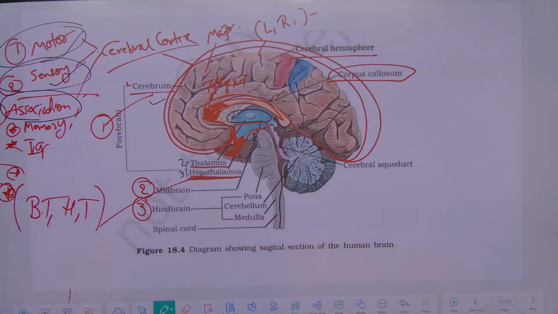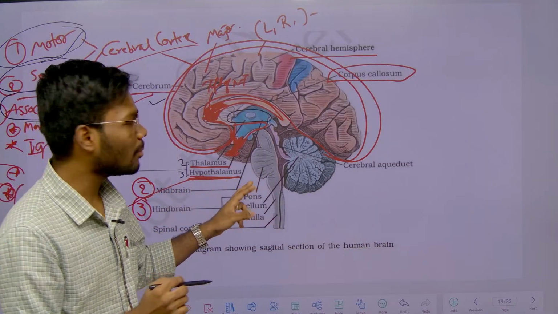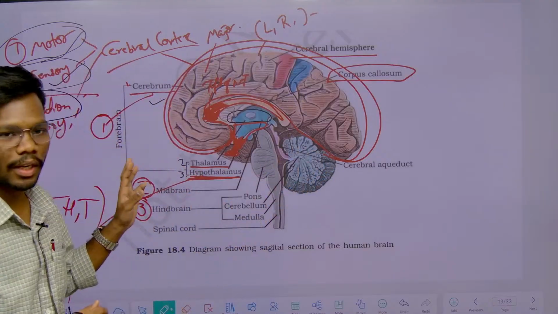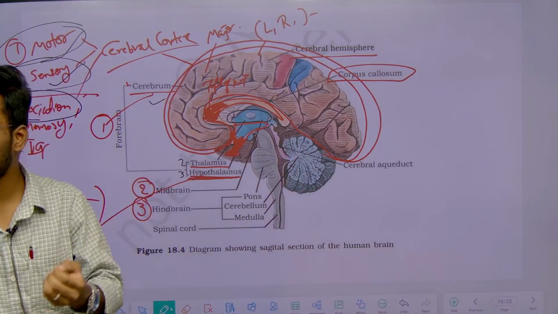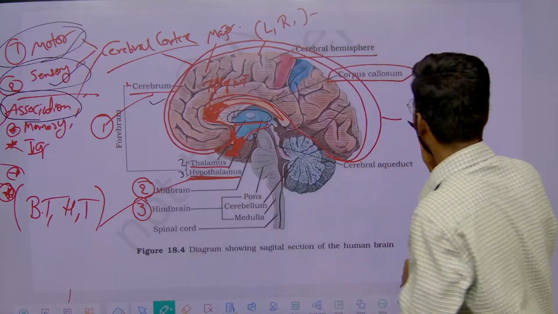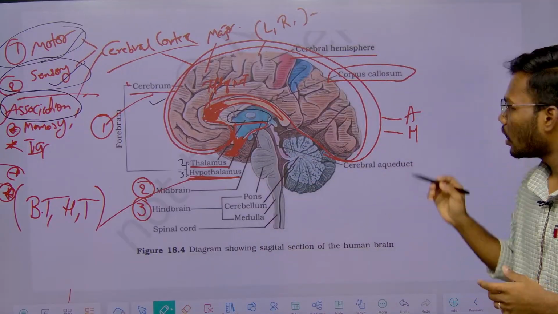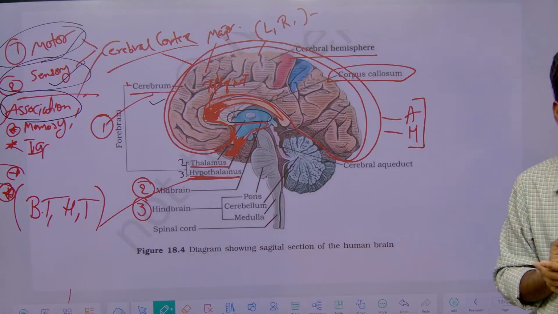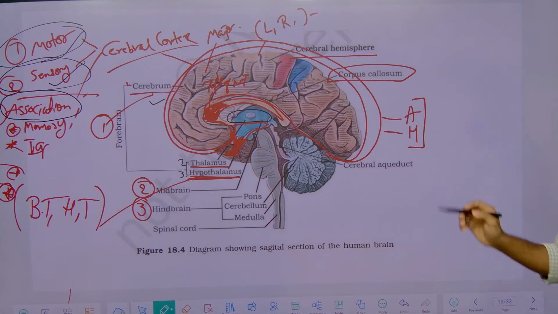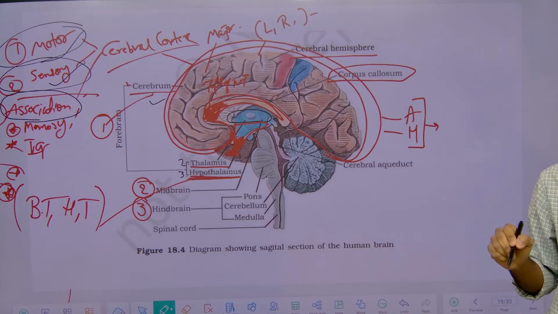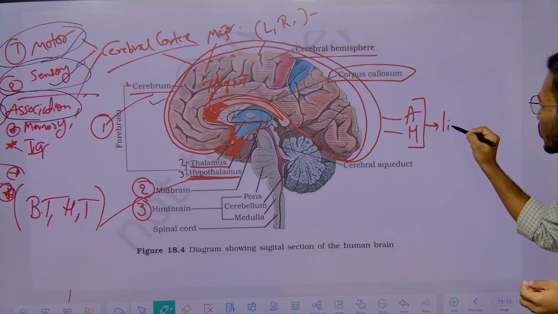Right? Along with the hypothalamus, in this forebrain we have two other structures, the amygdala and hippocampus. These are the parts which constitute what is called the limbic system.